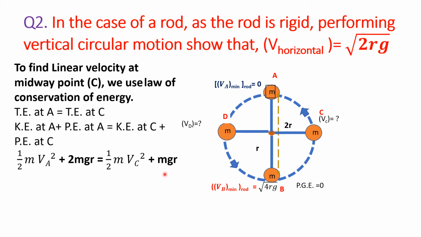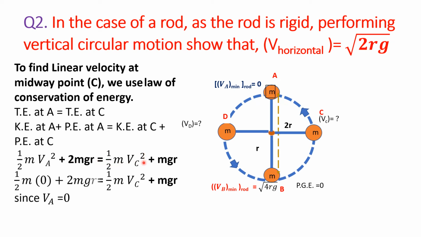So it can be written as mgr. By substituting the values, we get half m Va square plus 2mgr is equal to half m Vc square plus mgr. Here we have to substitute the value of Va as 0, and this term becomes a 0 factor, and we write down the rest of the terms as they are.